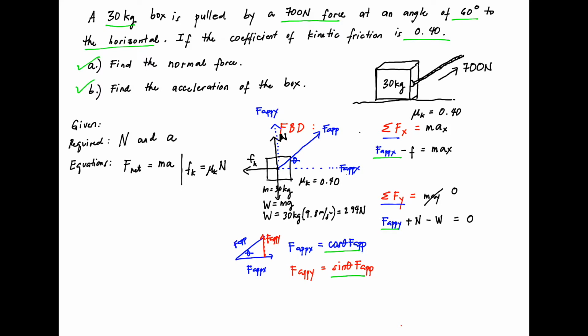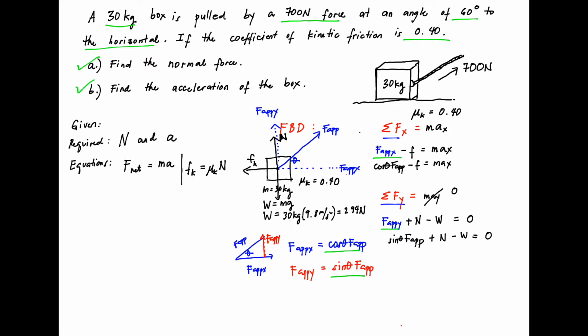Let's write this now. For the F up X, we have cosine theta times F up minus the frictional force equals m a x. And for the F up Y, we have sine theta F up plus the normal force minus the weight equals 0.